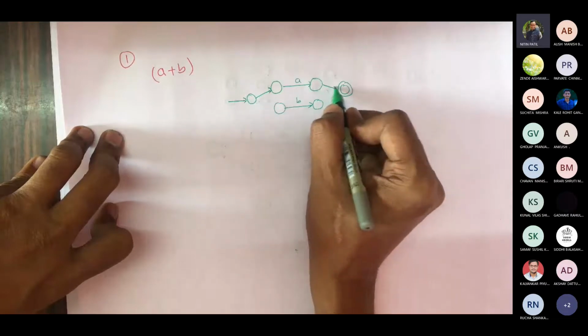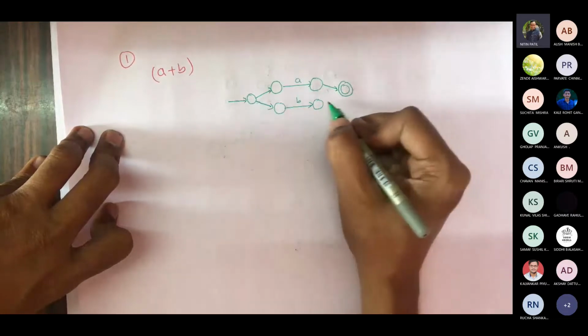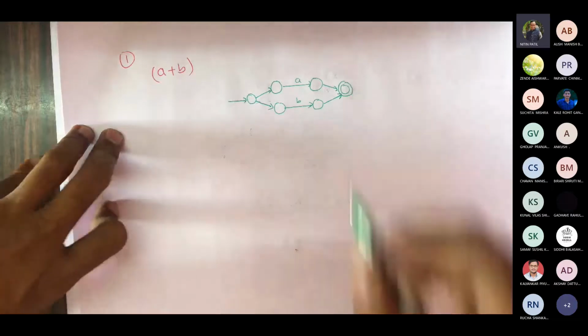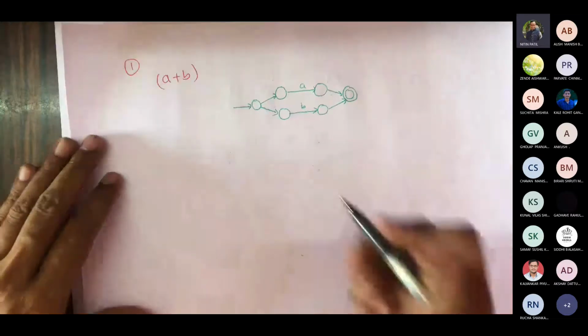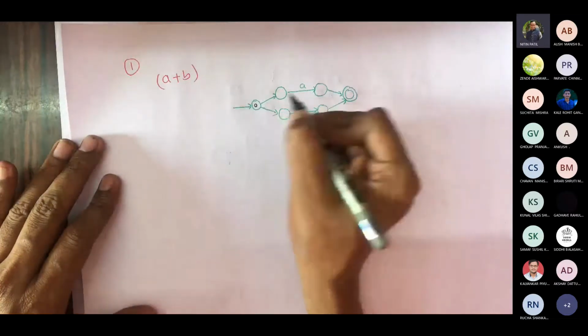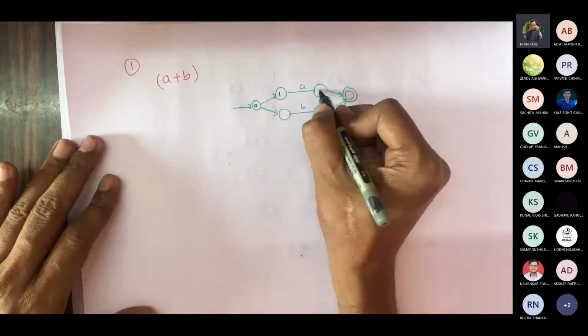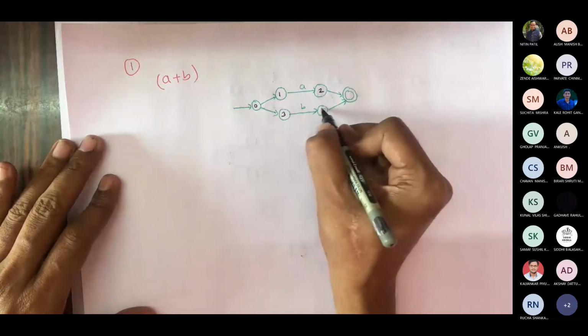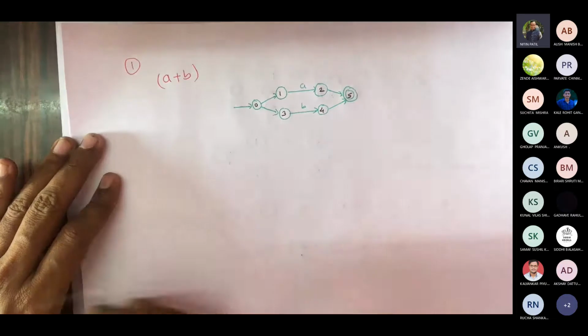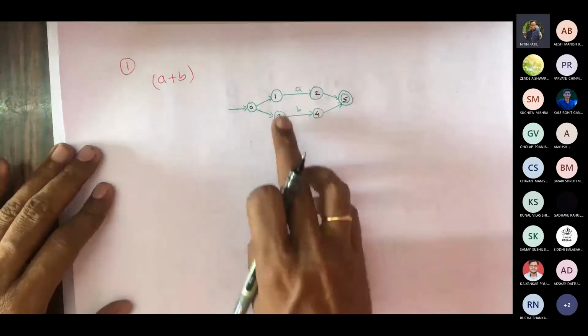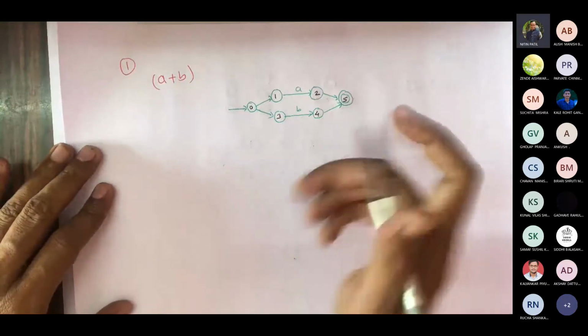Now remember the numbering style that I am following. We have to follow the same; I will let you know why I am forcing you to use this numbering style. So let me start with 0. We are giving numbers to states 0, 1, 2, 3, 4, 5.